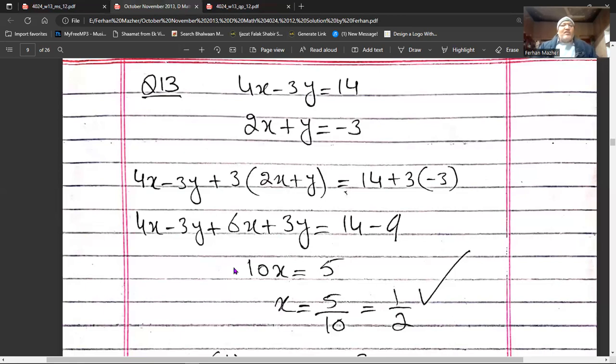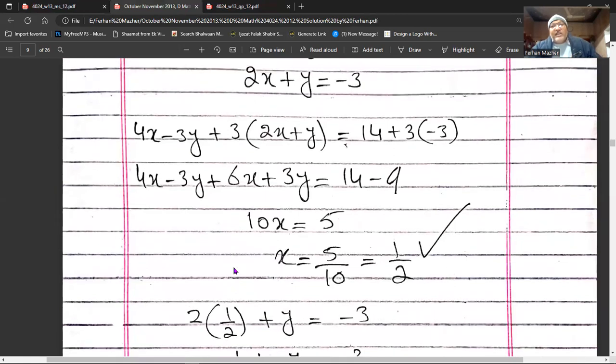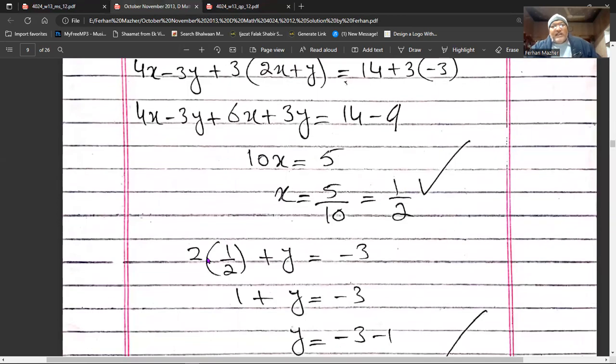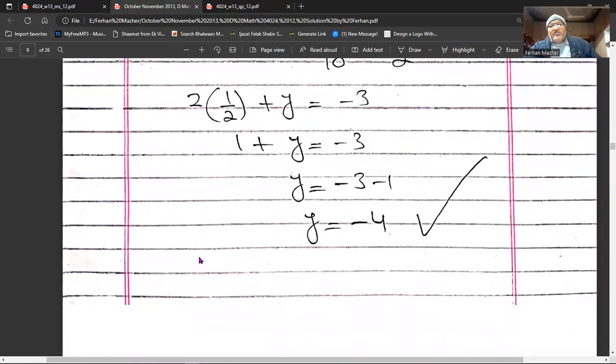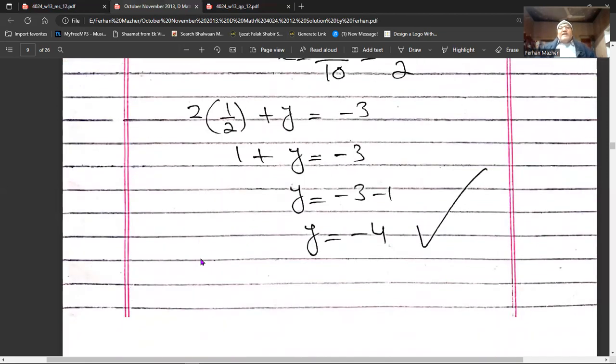So we have the value of the x. Just substitute that value either into the first equation or into the second equation, wherever you want. I am going to substitute x is equals to 1 by 2 into the second equation. In the place of x, I will put 1 by 2. So you will have 2 multiply 1 by 2 plus y is equals to minus 3. So 2 and 1 by 2, they will be cancelled. So you will have 1 plus y is equals to minus 3.